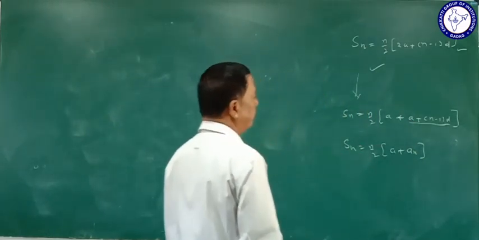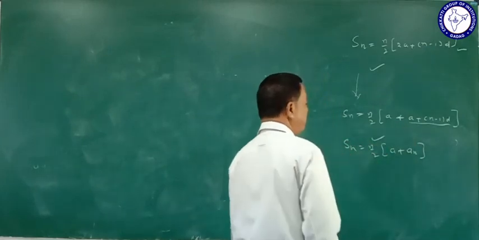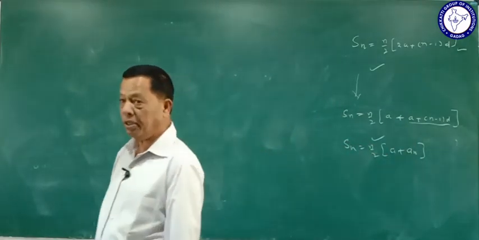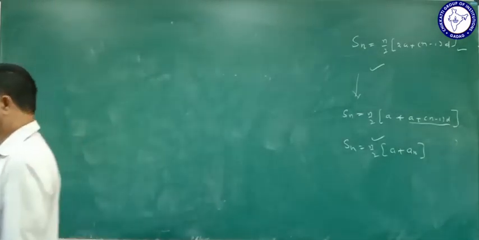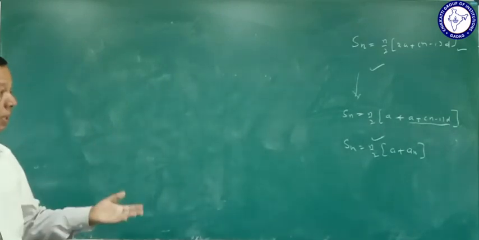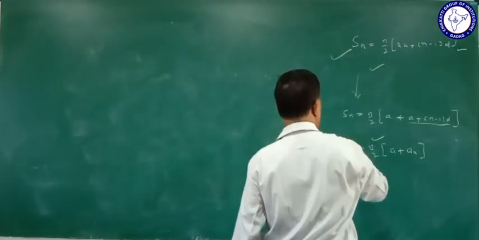And this is also the formula: n by 2 into bracket a plus an. So an is the nth term of that progression, and accordingly you can write it. So remember that this formula may be written in either this form or this form.